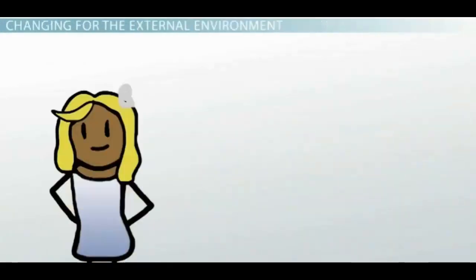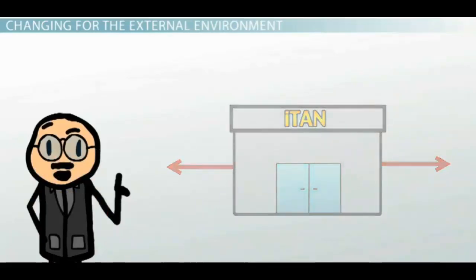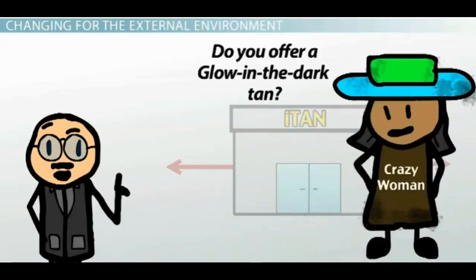If we return to the example of Cassandra's tanning salon, we can also find some external forces that required additional change at the tanning salon. If you remember, one of the major issues the staff was having with the previous general manager was his continuous changing of products and services at the salon. What his staff did not know was that he was trying to respond to external factors relating to changing customer demands.